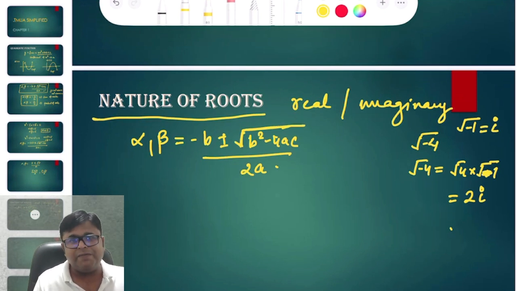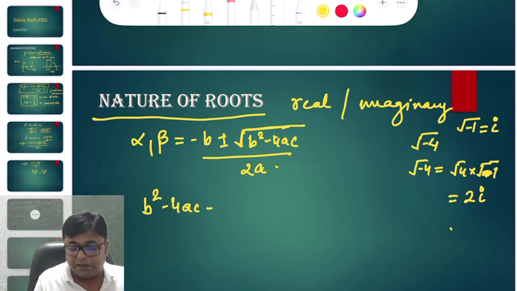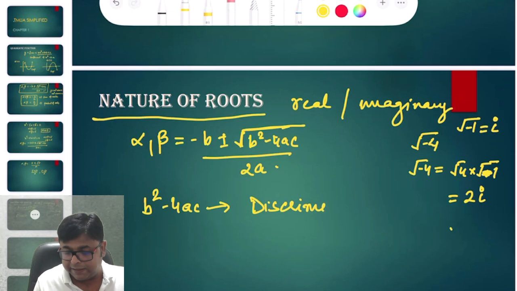And if this expression becomes negative, then the roots will become imaginary, right? So that's why we are discussing nature of roots. It is very, very important. So nature of roots solely depends on the expression b square minus 4ac, which is called the discriminant. There's a name for it, and that is discriminant.